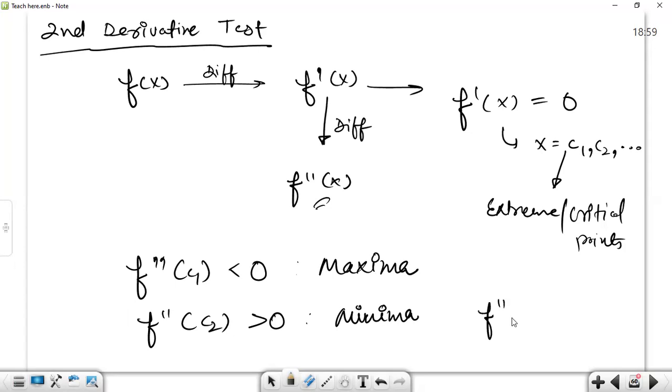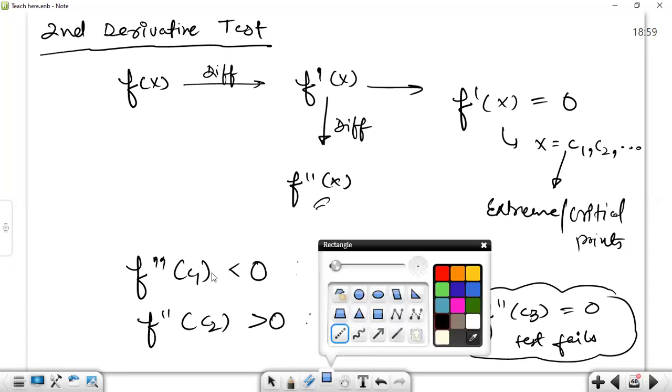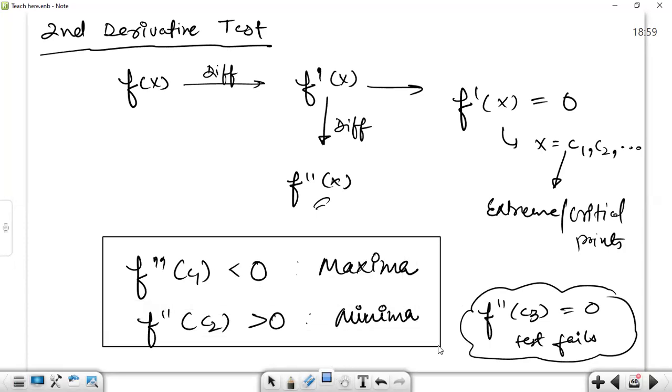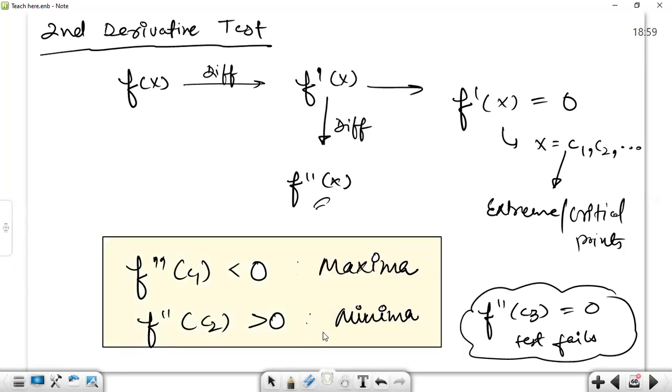If it equals 0, then the test fails, and you have to go back to the first derivative test. Remember this is very important, and it is reversed, so you can use a reverse analogy to remember this. So that's about the first derivative test and second derivative test.